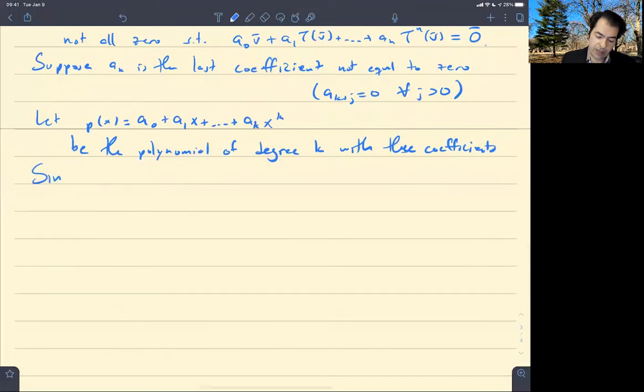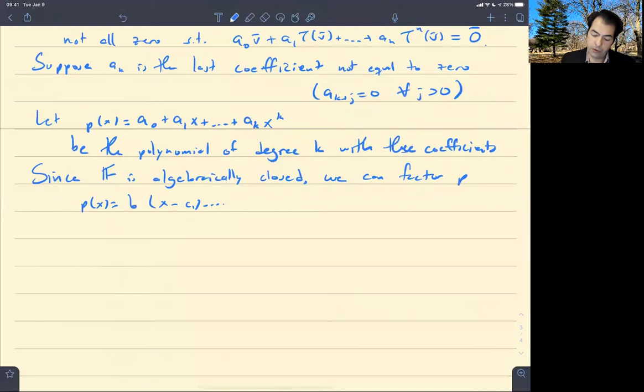Now since F is algebraically closed, we can factor p. So I can write p of x as b times (x minus c1) up to (x minus ck), for some b and c1 through ck in the field.